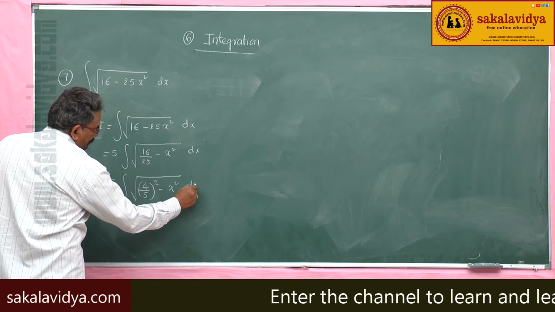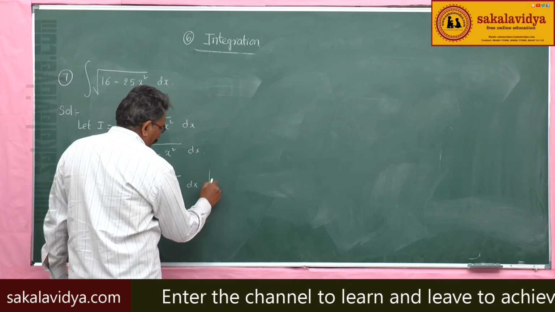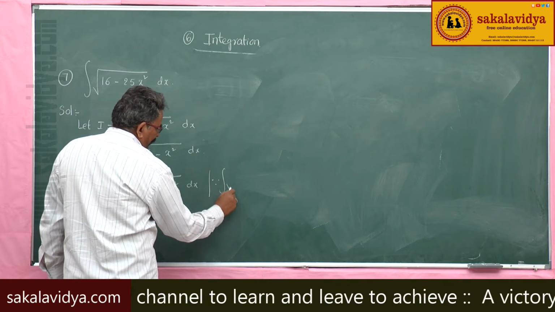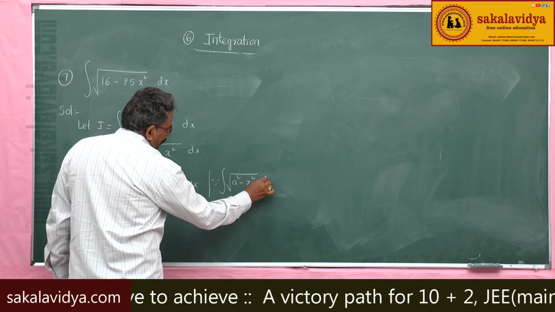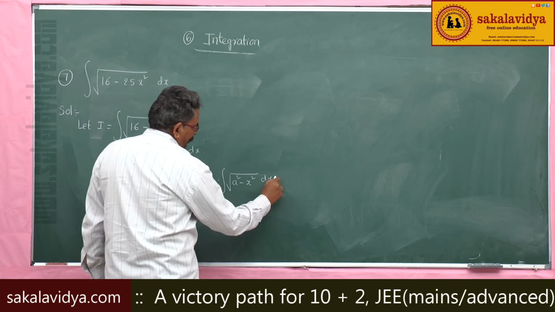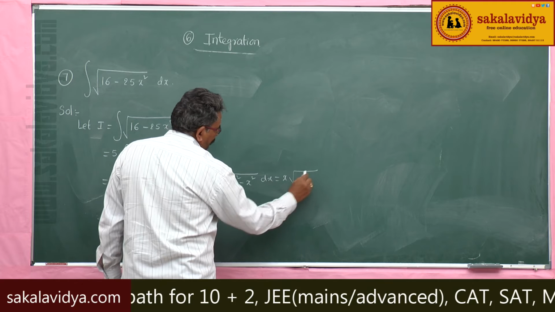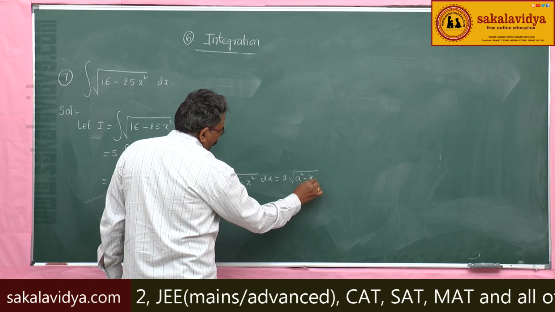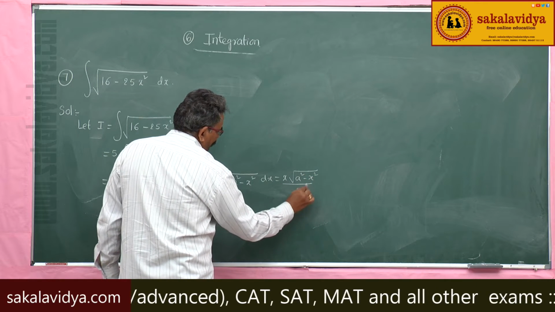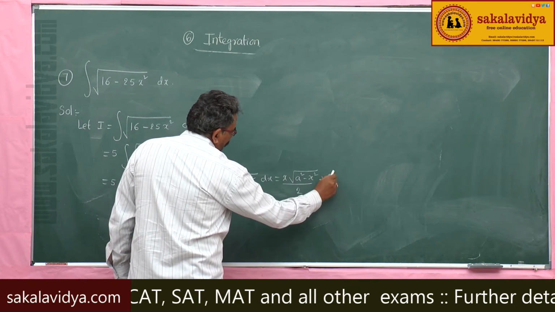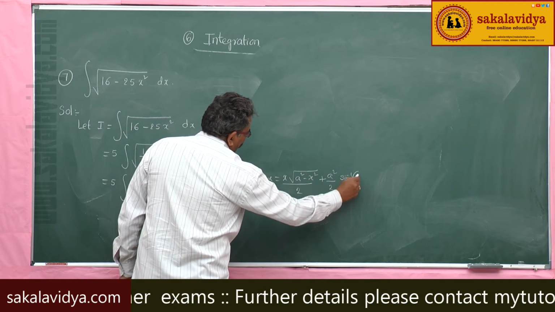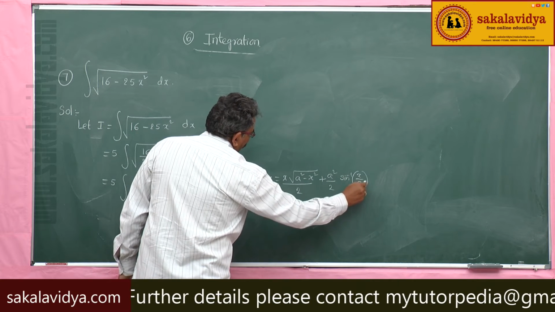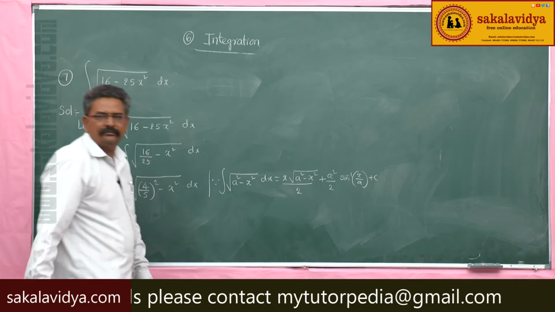See, we have the formula: the integral of root of a square minus x square dx equals x root of a square minus x square by 2 plus a square by 2 sin inverse x by a plus constant of integration.